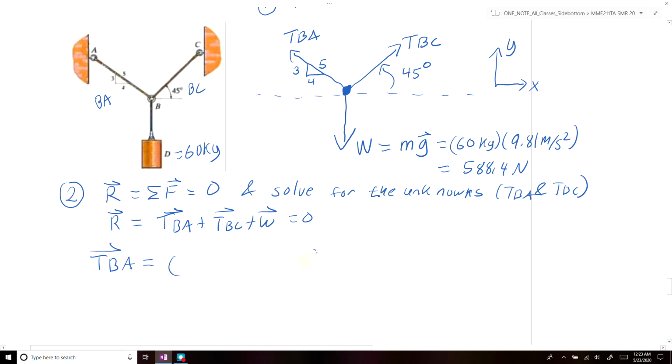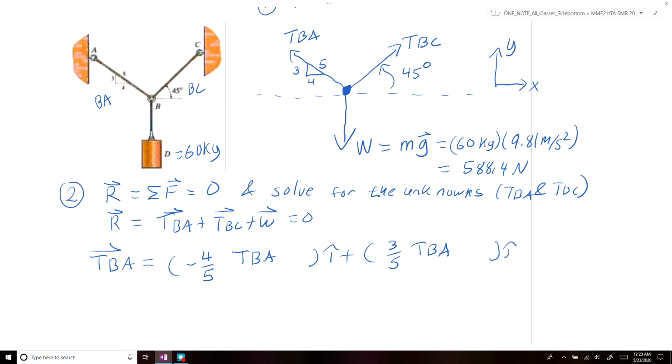It will have an x component and a y component. TBA is going to have an x component equal to minus 4/5, using the adjacent side of our triangle and the hypotenuse to get that ratio, times the magnitude of our force TBA. The y component is going to be equal to 3/5 times TBA, which is the opposite side of our triangle and the hypotenuse.